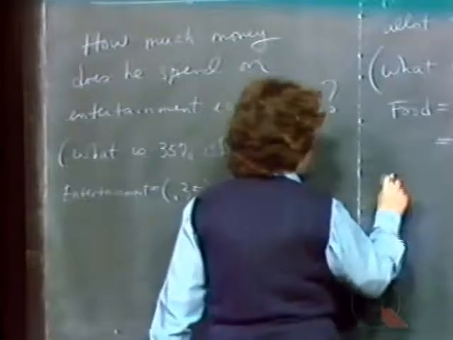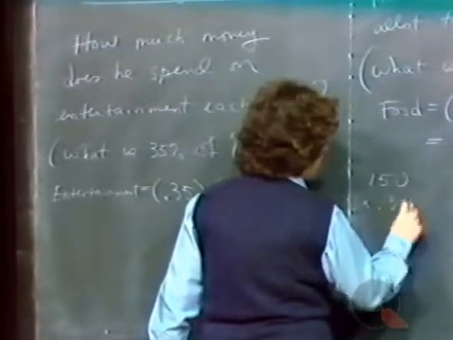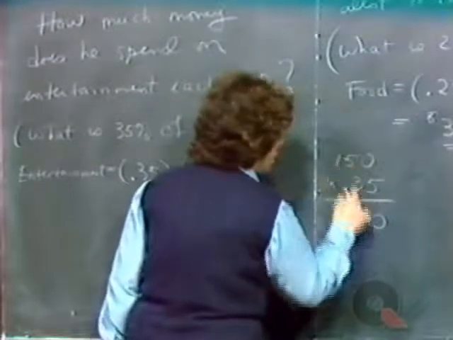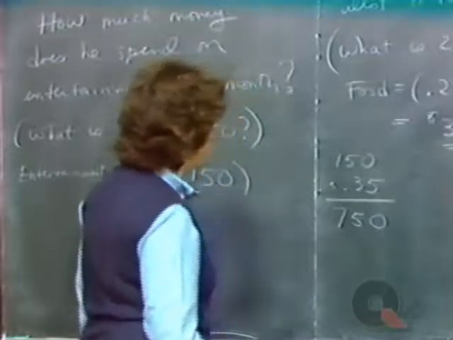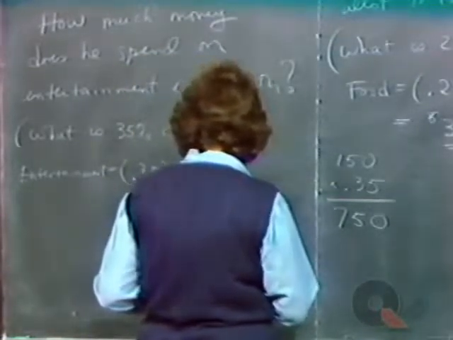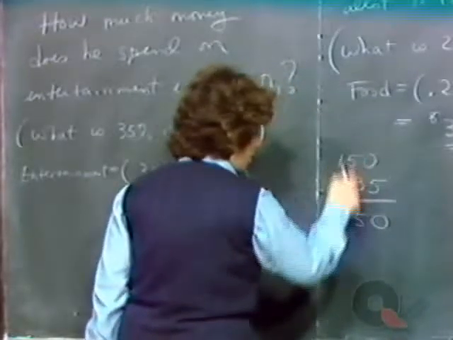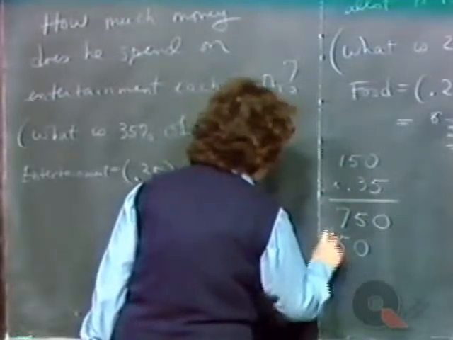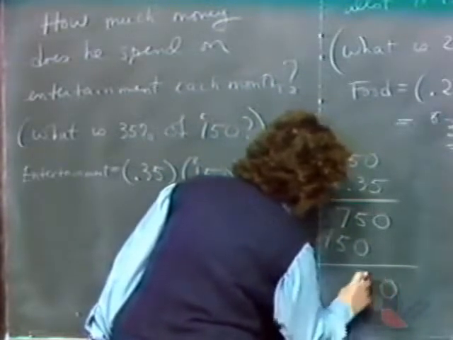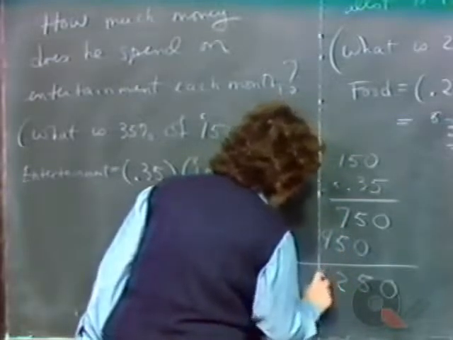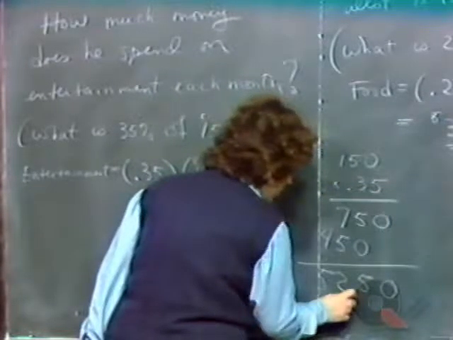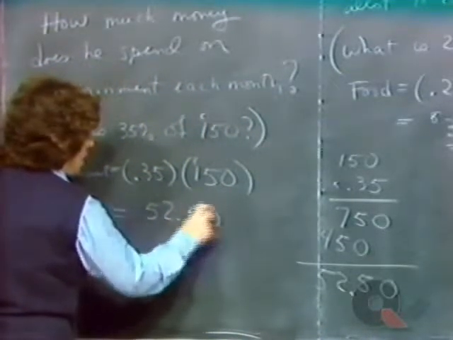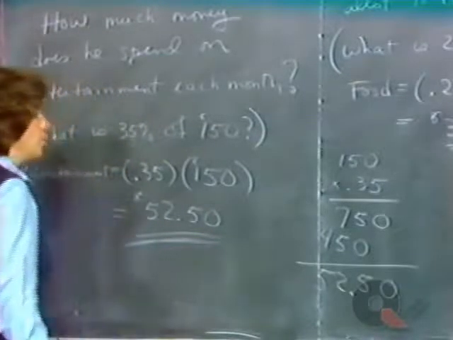Okay, $150 times 0.35, 5 times 150, 750 just like before, and now 3 times 150, 3 times 0, 3 times 5, 15, put down the 5, carry the 1, 3 and 1, 4. Adding up, 0, 5, 12, and then 4 and 1, 5. No decimal digits, 2 decimal digits, so an answer with 2 decimal digits: $52.50 devoted to entertainment.